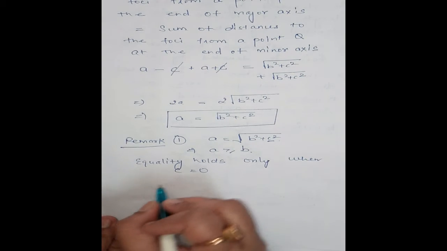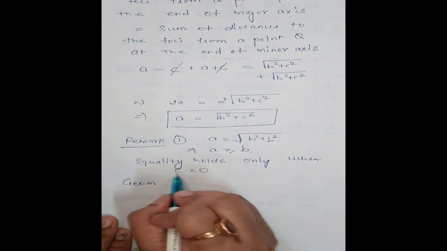Now, geometrically, what do we mean when c is 0?